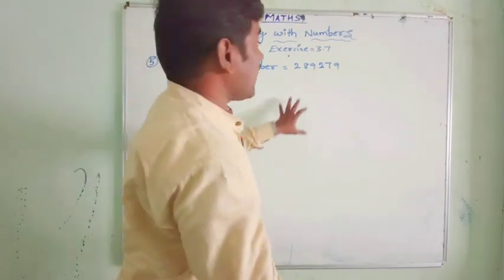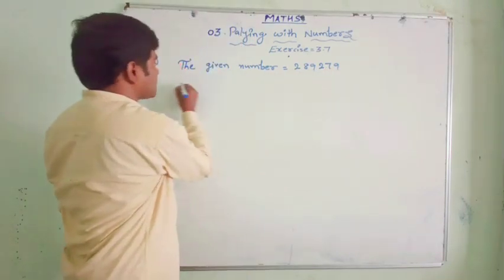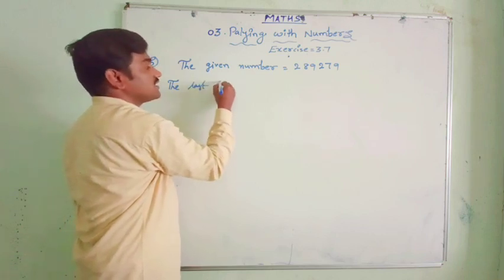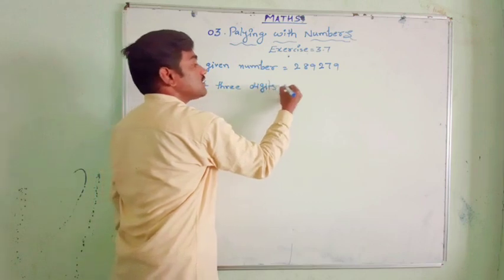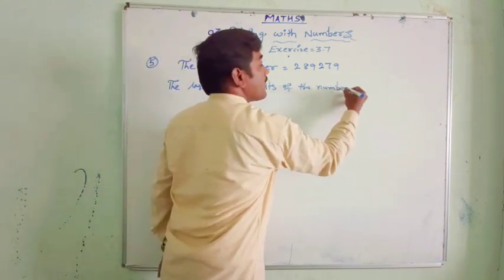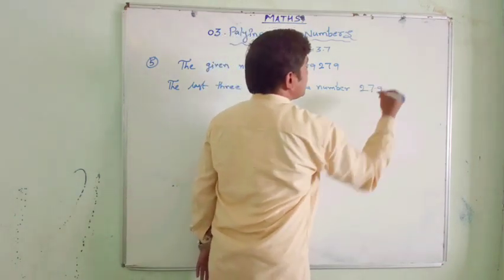So first of all, we have to check whether this number is divisible by 8 or not. The last 3 digits of the number are 279.